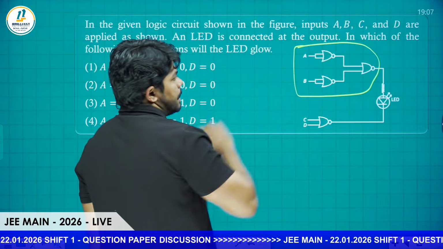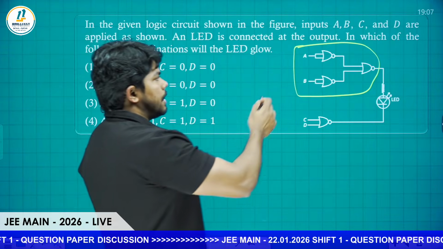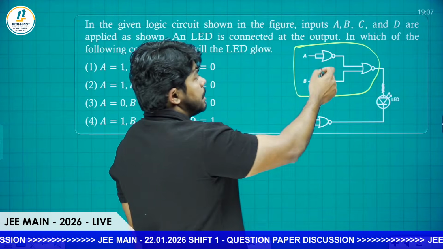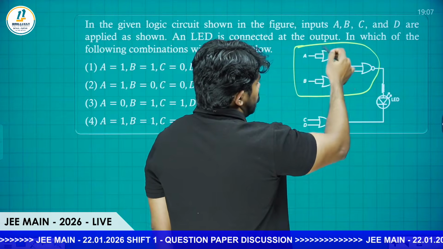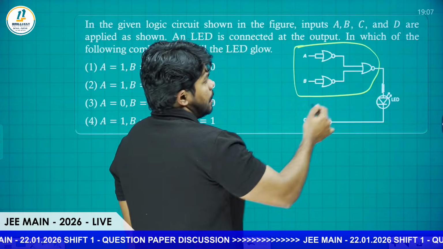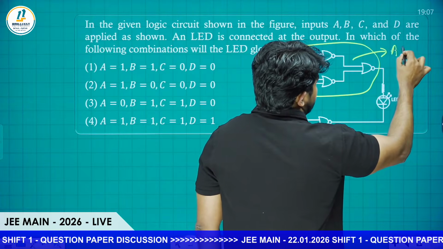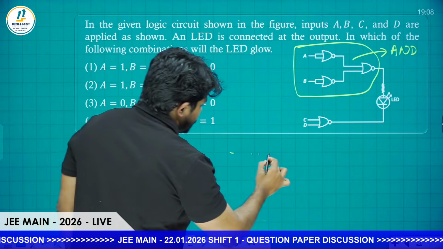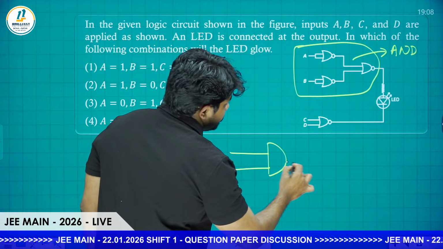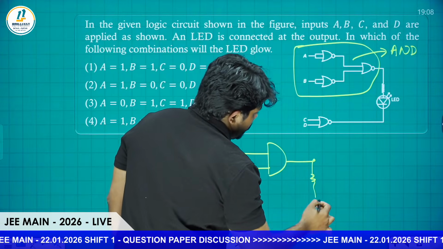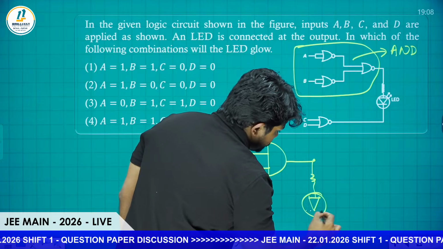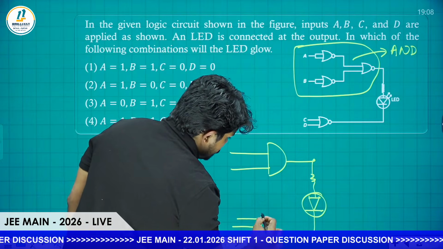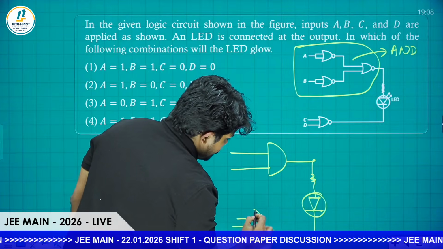Actually, this is nothing but three NOR gates, and these two are our NOT gates. So this is an equivalent AND gate. If you replace that, the question will be very easy. If you replace that with an AND gate, this is our LED, and here there is another gate, I think it's an OR gate, right?